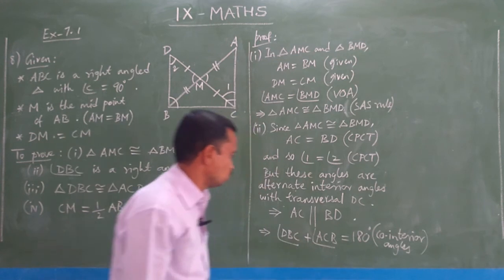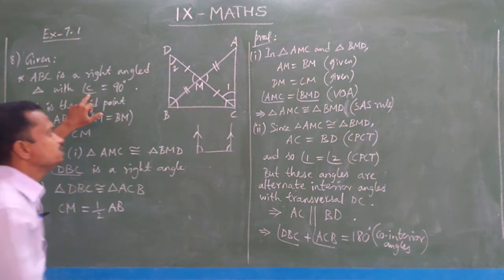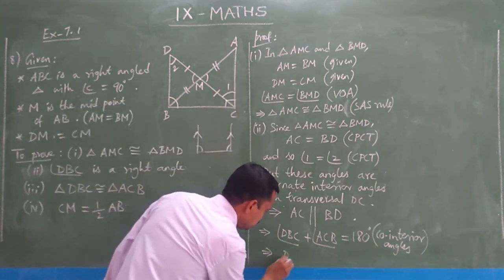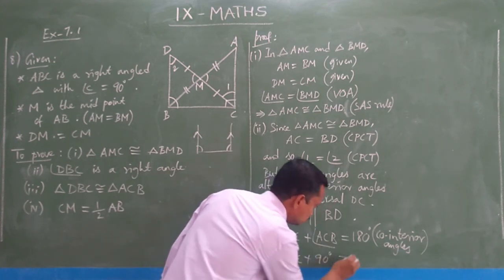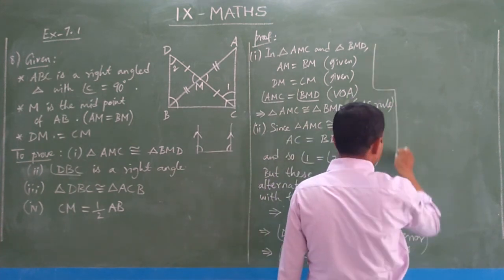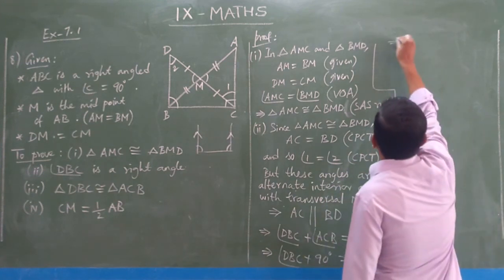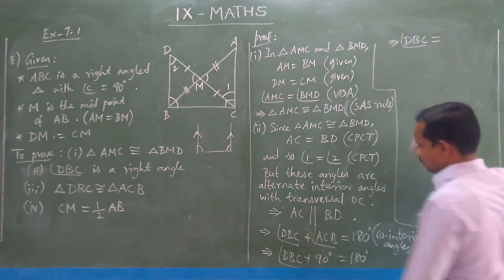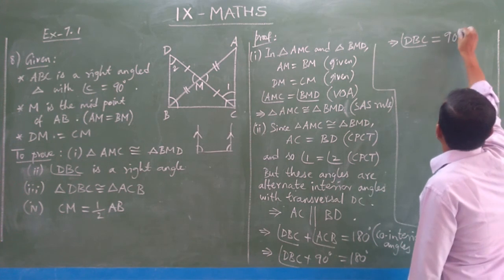So these two angles sum to 180, and already we have that angle C is 90. That means ACB is 90. So this implies DBC plus 90 is equal to 180. Therefore, angle DBC is equal to 180 degrees minus 90, which is 90 degrees.